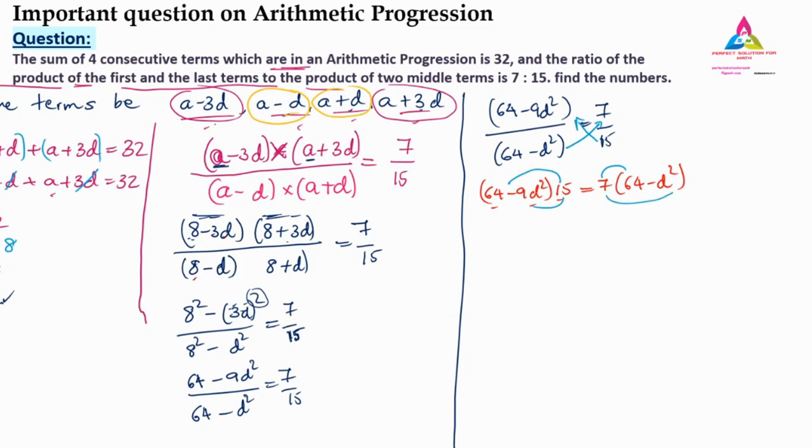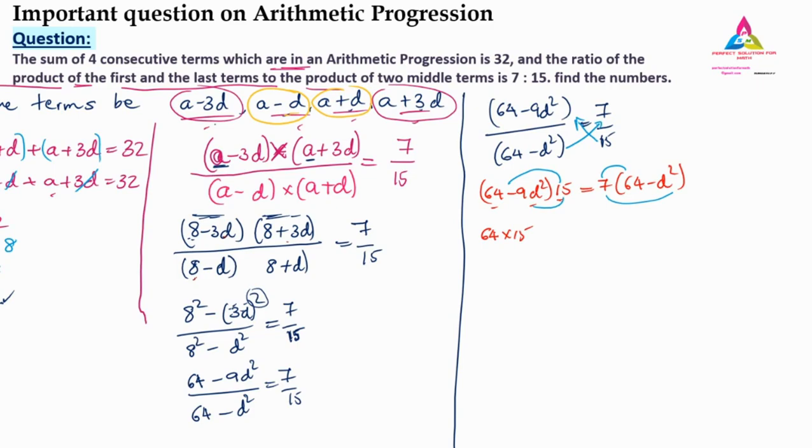But here one small trick I will tell you that will be easier to solve in examination, so you can solve quickly. This 15 that we have, you have to multiply with 64, but write it down as it is. Means you have to write 64 into 15.